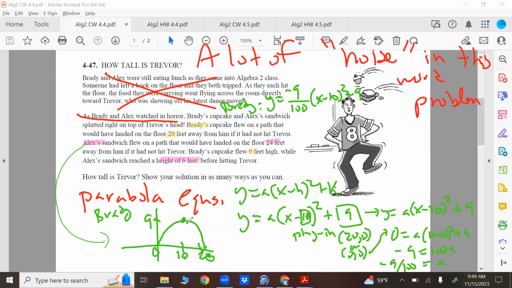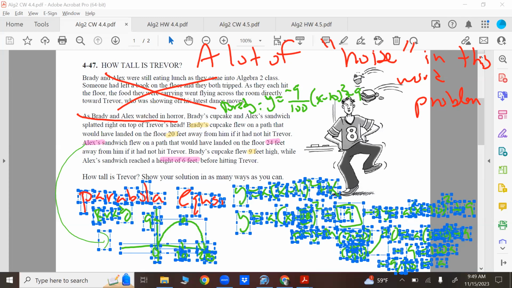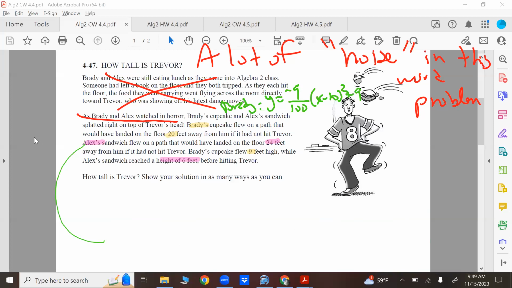Now let's do Alex. Okay, so I ran out of space here, so let me do Alex somewhere else. Actually, do you guys have all the information? Can I erase the bottom part? Yeah. Okay. Let me erase that. Let us do Alex.